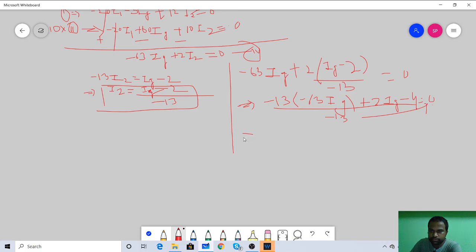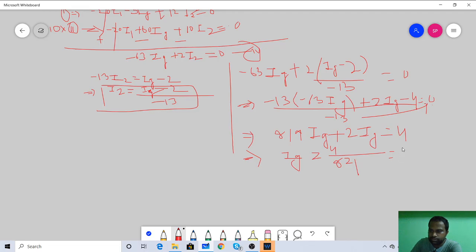Now what will be the solution? Minus 13 into minus 63 is 819, so 819 Iz plus 2 Iz is equal to 4, or Iz is equal to 4 by 821.